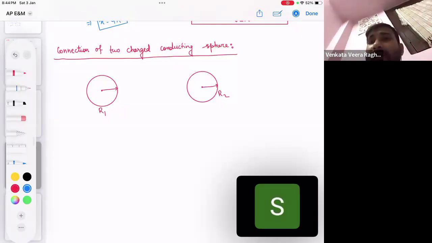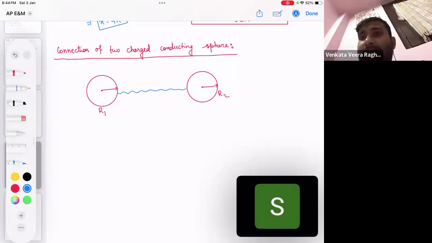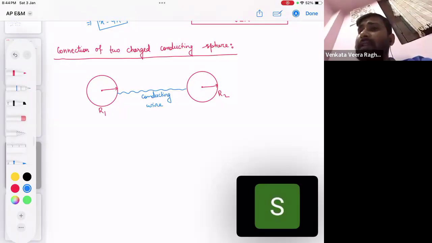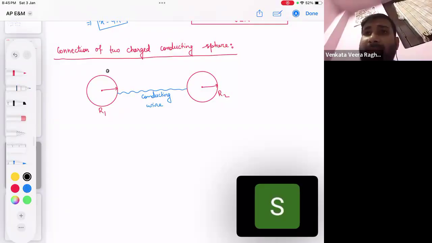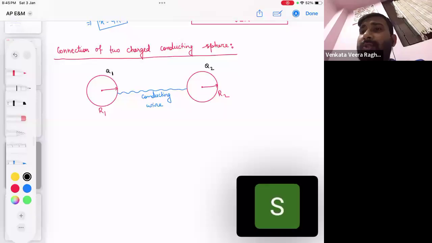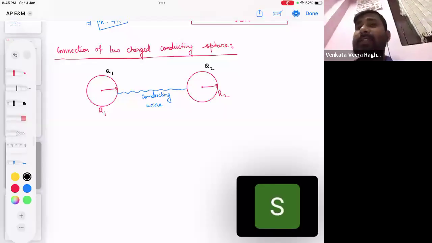Now I brought them in contact. This is a conducting wire; the same thing, they are brought in contact or connected by a conducting wire, with exactly the same purpose. Can you tell me what will happen now? After bringing them in contact, can I say this sphere is going to have some Q1 charge and this one some Q2 charge?